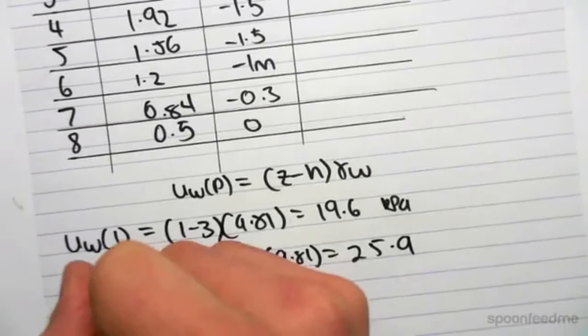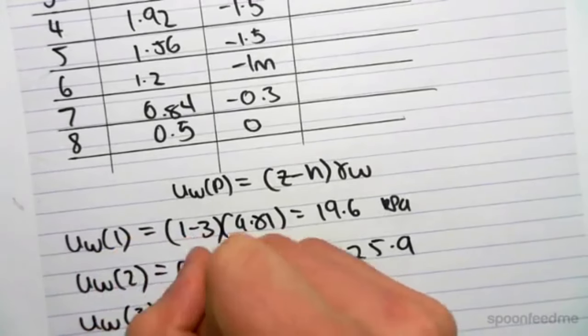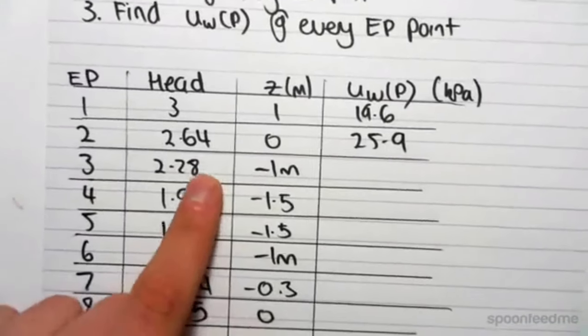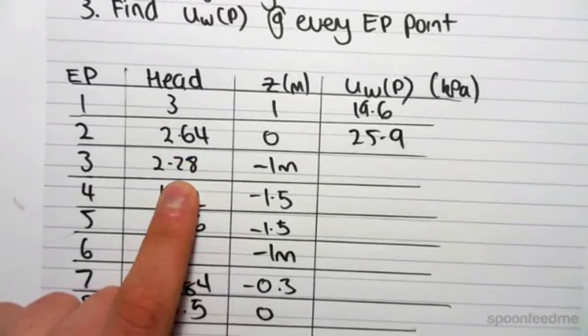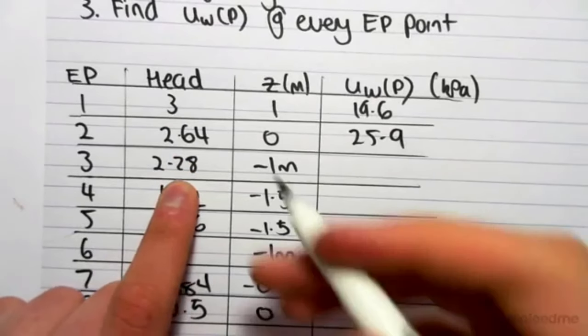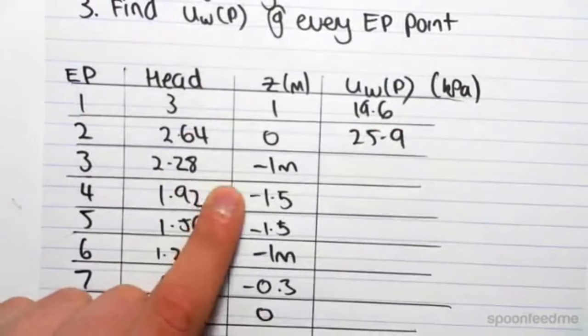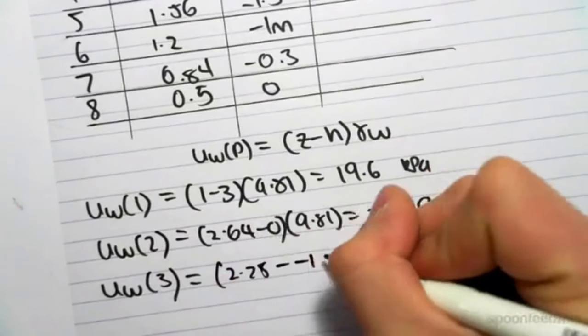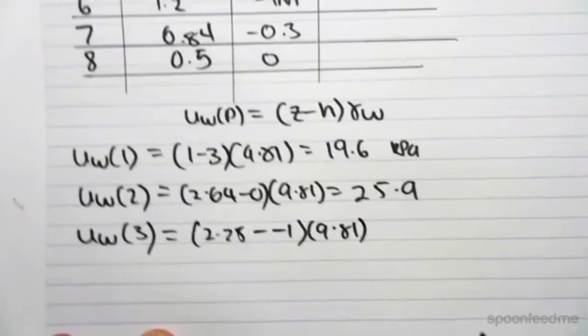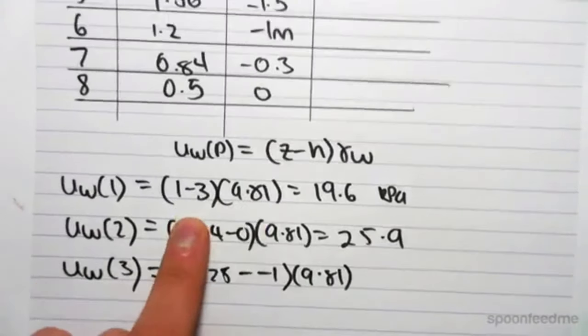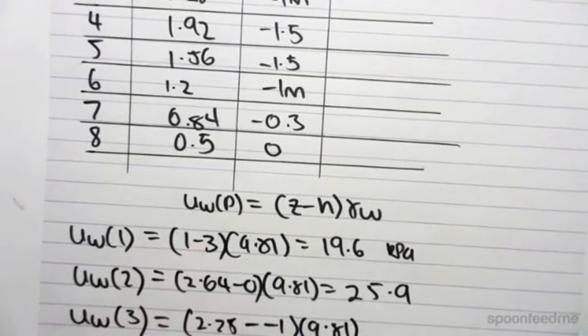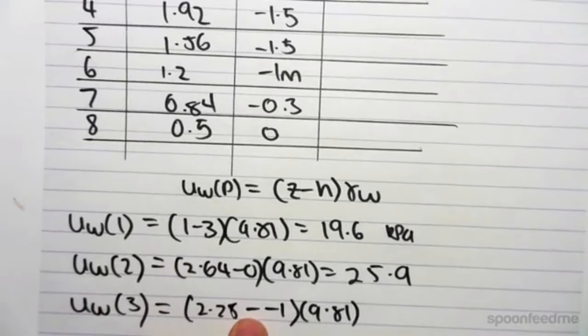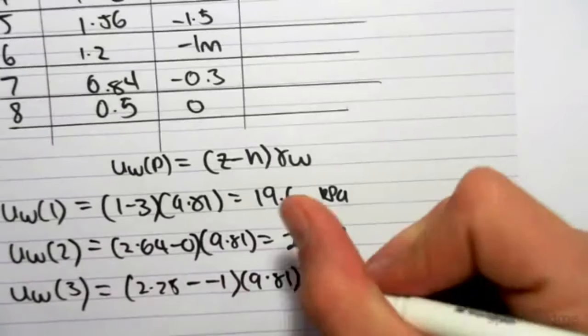And the final one, I'm just going to do these three to show you all the different types, would be at EP3: 2.28 minus 1, outside of 9.81. In the one case we went above the datum, so it was negative; in the one case below the datum, it is just positive; and at the datum, it's just the head times the unit weight.